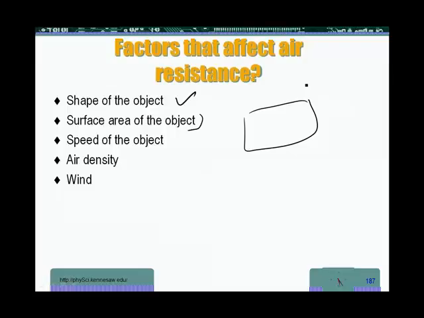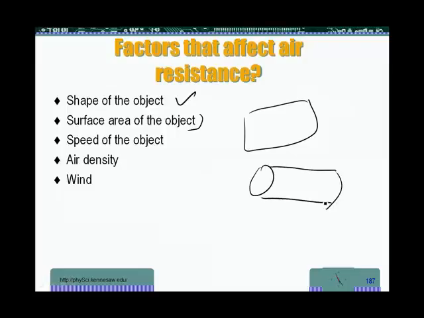So even for the same object, the surface area that's going to oppose the motion is what's going to affect how much air resistance an object will experience. For example, let's take a cylindrical shape like a can of soup.